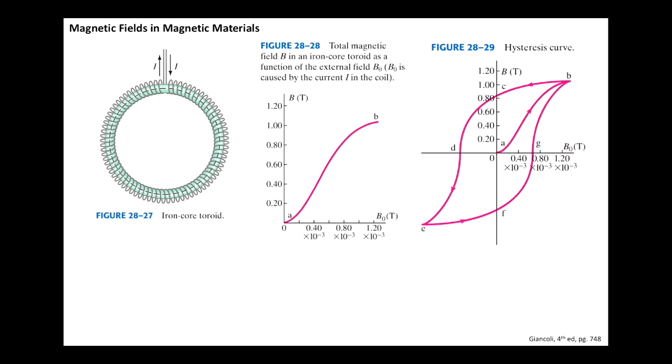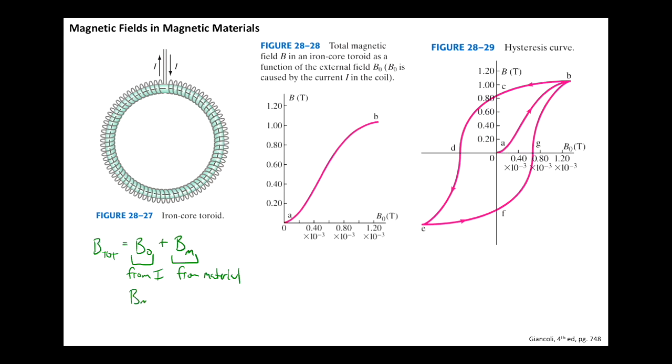So we could say that B total here is going to be equal to B naught, which is what is coming from the wire, or from the current, plus B sub m, which is from the material. For whatever reason, they use M in the textbook. So you have a total magnetic field that's coming from both.